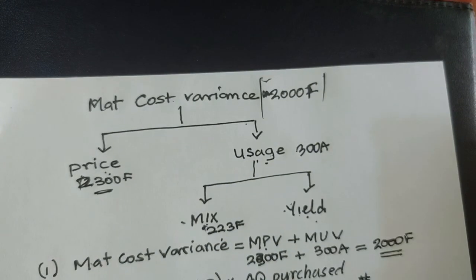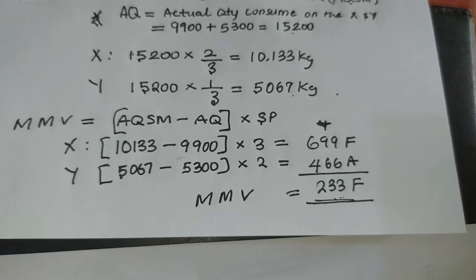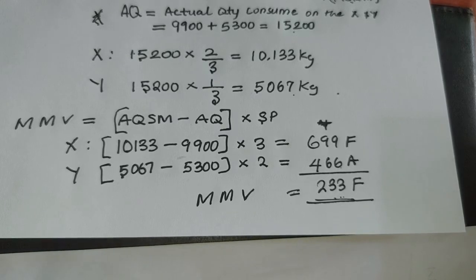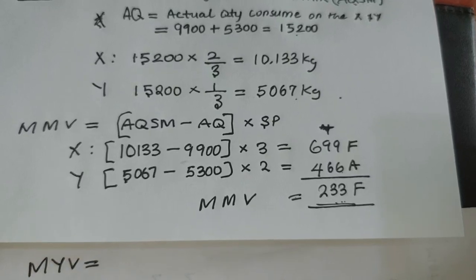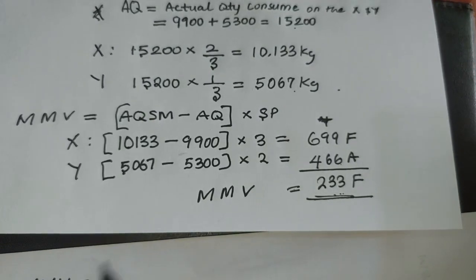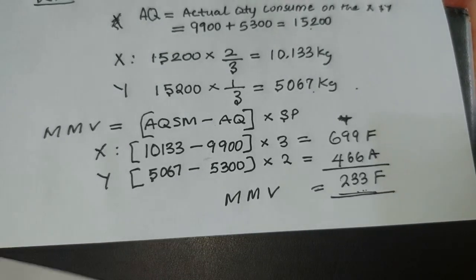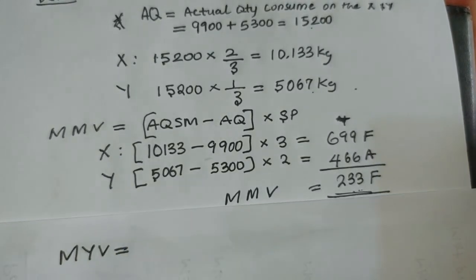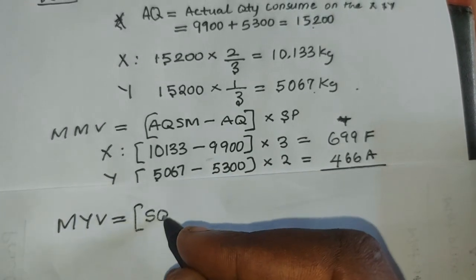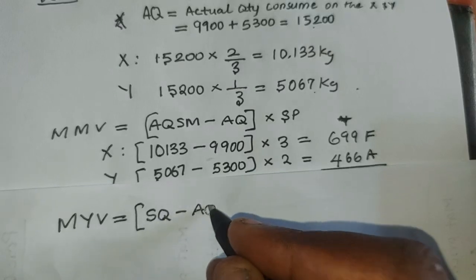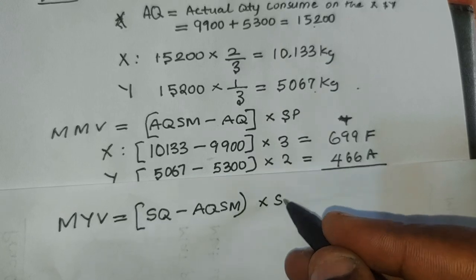So let's calculate the yield. For the yield variance, we have the standard quantity minus actual quantity in standard mix, then multiply by the standard price.